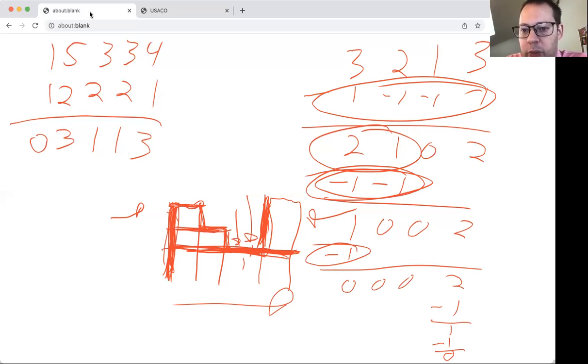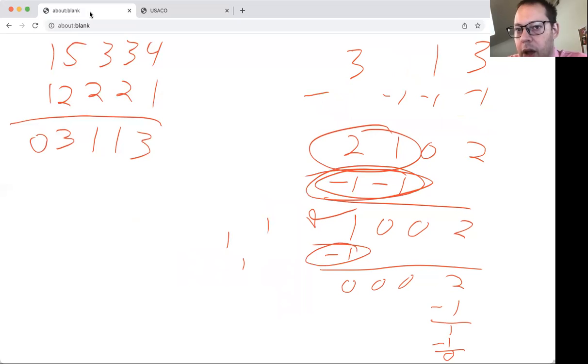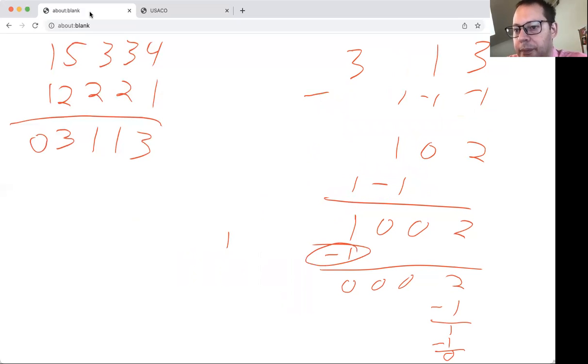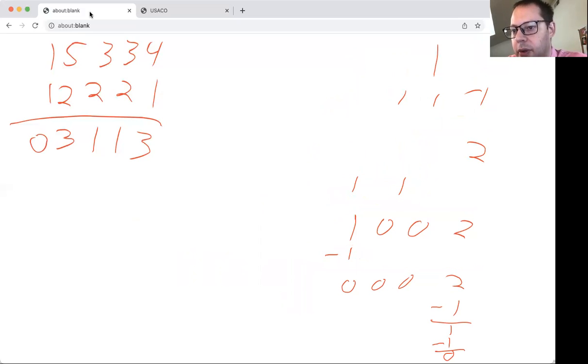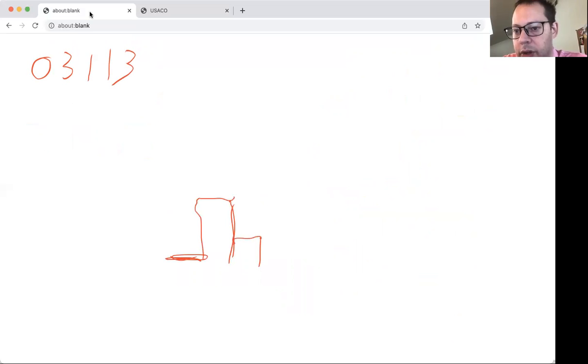Let's look at how this works on the original sample data. If I take my original sample data of the 03113, okay, so if I have 0 and then 3 and then 1, 1, 3.